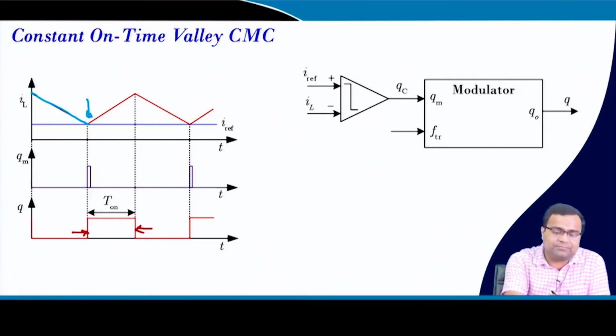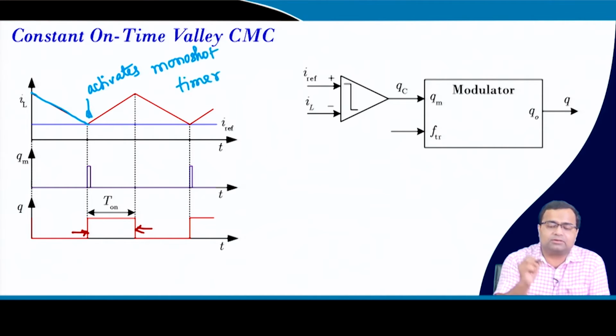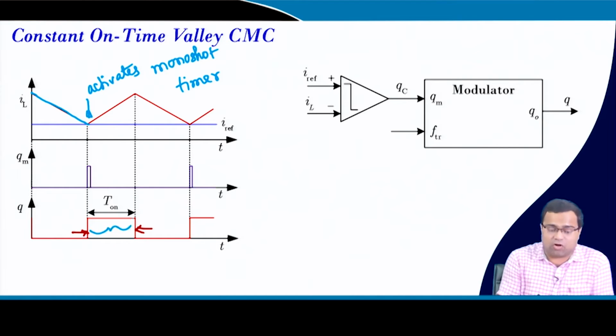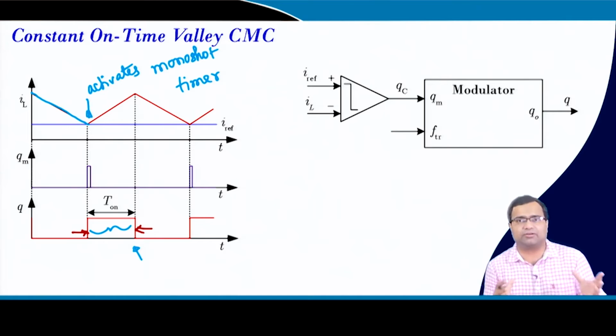So this is where it activates the monoshot timer. So the monoshot timer will now, this duration it is on, and here it will finish the counting and then switch will turn off, okay.